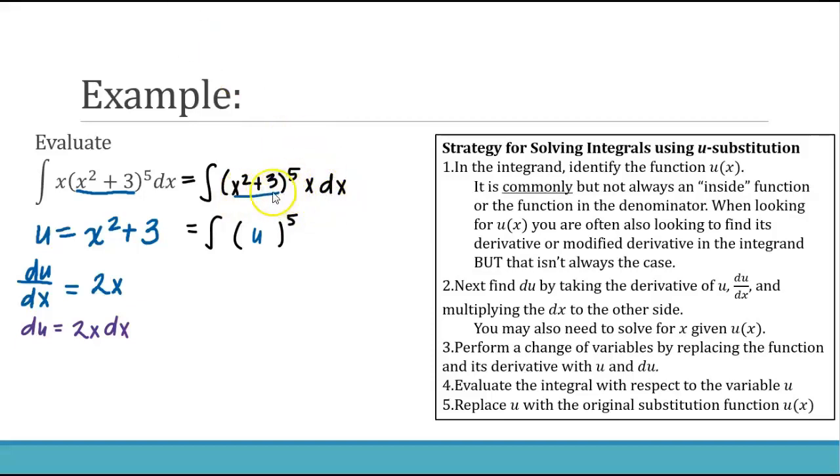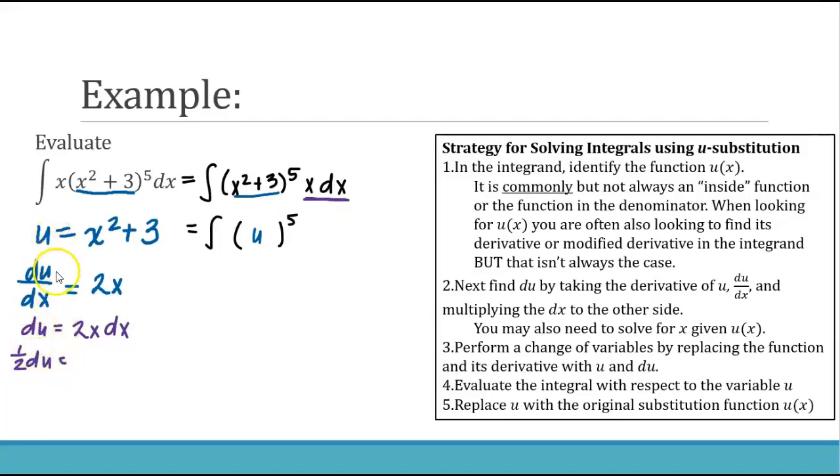So this left-hand side became u to the 5th. Now this right-hand side, x dx, I want to replace with something involving u's. I want to change everything to u's and du's. Well, I know that du is equal to 2x dx. Well, I only have an x dx to replace. So I'm going to divide both sides by 2, or multiply both sides by a half.